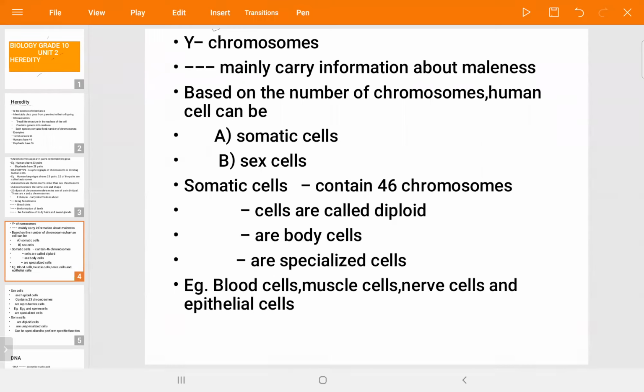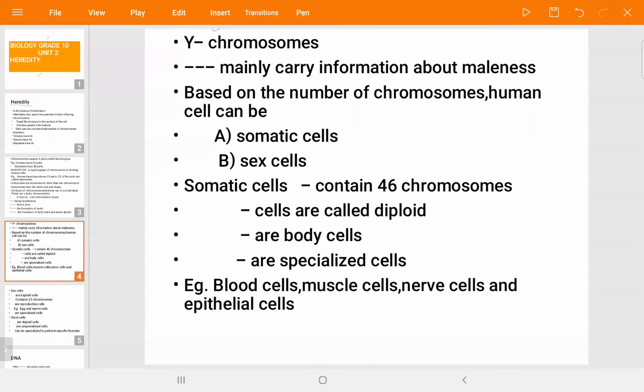Because a somatic cell contains information from the father and information from the mother. That means two. Clear? Good. Somatic cells contain 46 chromosomes, 23 from the father, 23 from the mother.